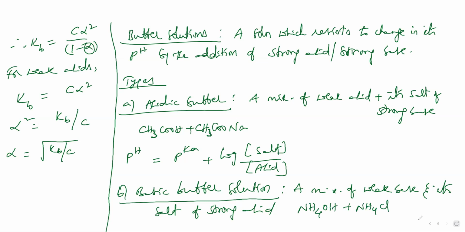Then the pH of basic buffer solution: we calculate pOH is equal to pKb plus log of concentration of salt by concentration of base. So this is used to calculate pOH of basic buffer solution, right? So this is all about buffer solutions.